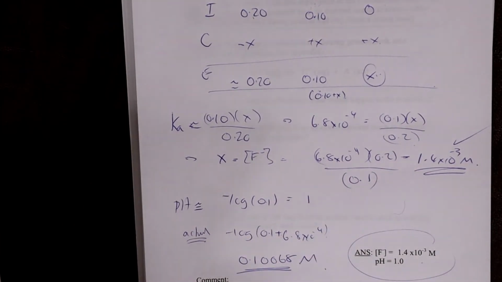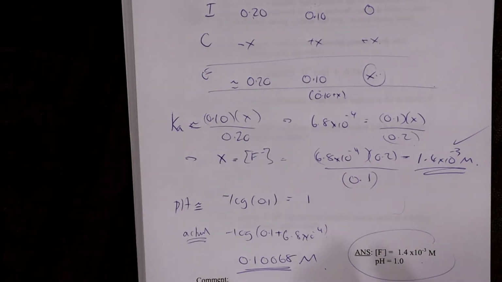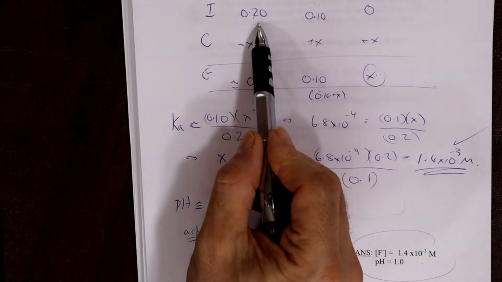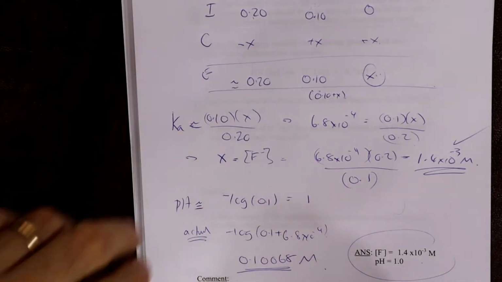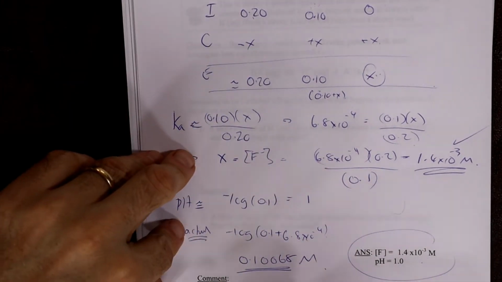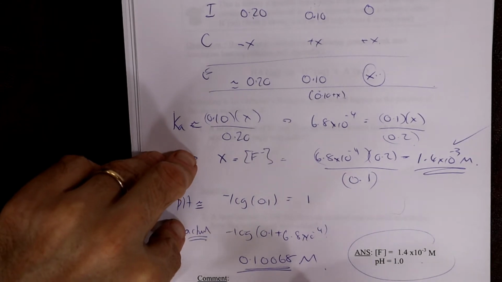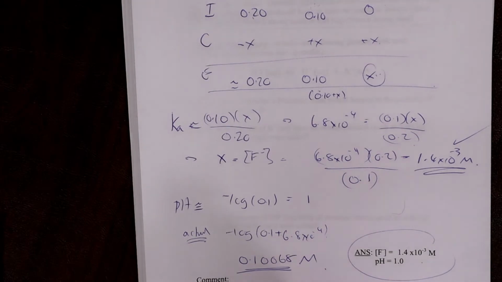So let's do the log of that. Minus log of 0.10068 is 0.997. So to the third significant figure, it's different. Did we measure the third significant figure? No, we didn't, so it's the same. So that's your comment, okay? Negligible H plus from HF. Okay. All right, so that kind of proves that the weak acid approximation holds.